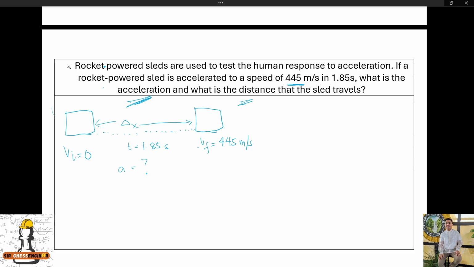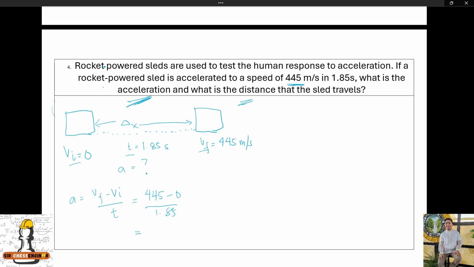First of all, since we already have VF, VI, and the time, we can just say acceleration is the change in velocity over time. So we will plug in the values. VF is 445 minus 0 over 1.85.